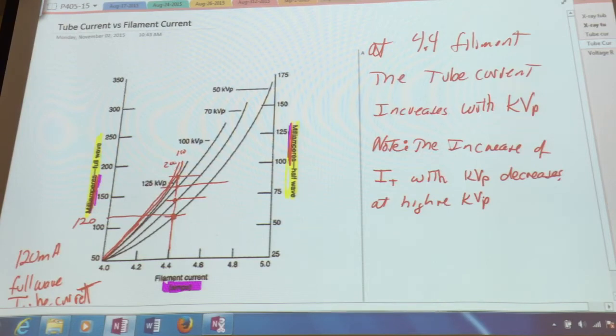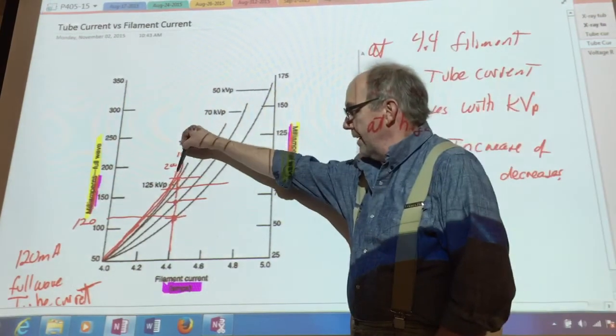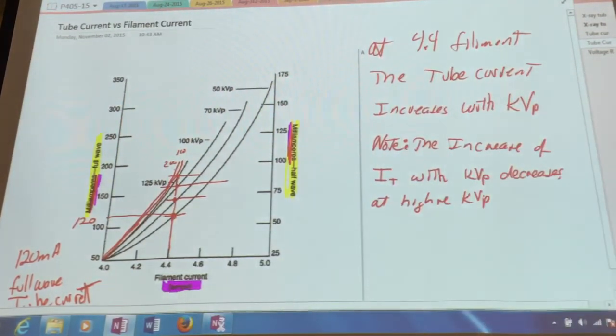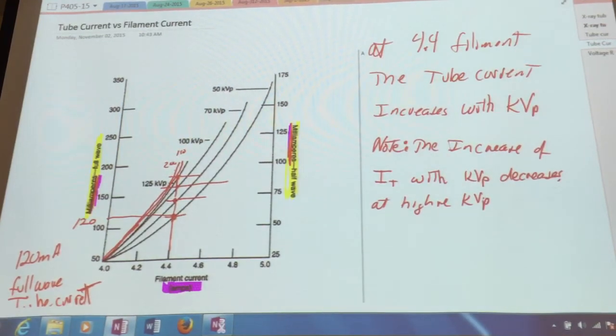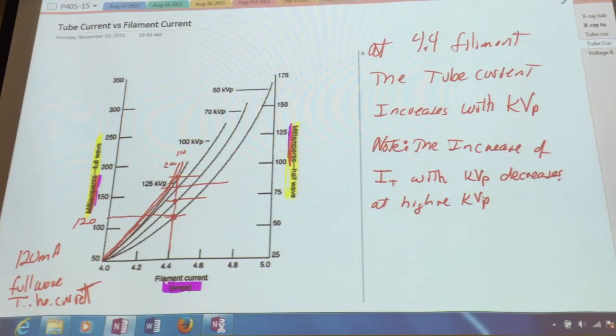So what we're trying to indicate is these kVp lines get very close together, indicating that there's just no dependence of the tube current on the kVp at higher kVps, which is why they didn't draw in the higher kVp lines. So does that mean the space charge limited is not on this graph?